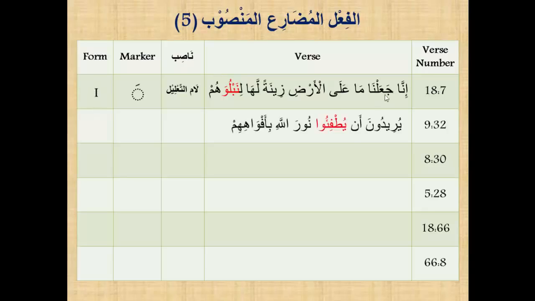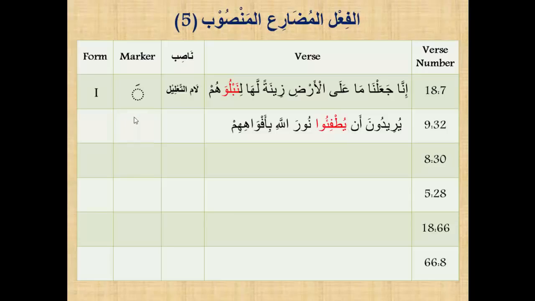Example number two, يُرِيدُونَ أَن يُطْفِئُوا نُورَ اللَّهِ بِأَفْوَاهِهِمْ. The nasib is the an. What is the marker? The marker is the dropping of the noon, hadf an-noon. يُطْفِئُوا in al-marfu' is يُطْفِئُونَ. أَطْفَأَ يُطْفِئُ al-itfa.